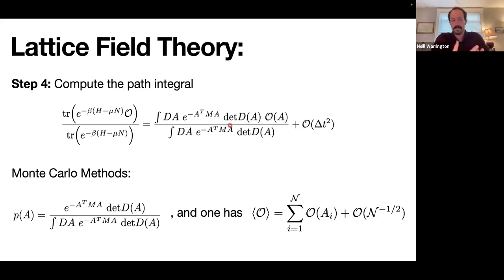So the way that you compute the path integral is you use fancy numerical methods, which I won't describe, to sample fields A according to this distribution. You sample according to the distribution and you put these fields in your pocket, okay? You collect a large number of them, say 1,000 or 10,000 if you've really got a lot of computer time. And then you can approximate the object that you want by simply averaging over the collected fields. I forgot a 1 over N here.